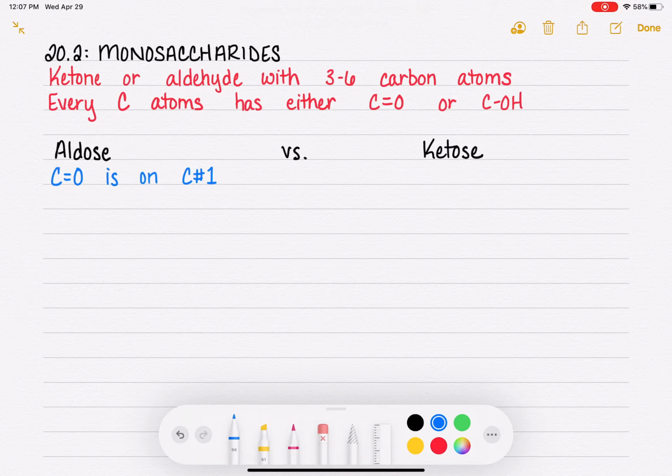And so it is an aldehyde. And we'll draw a picture of that. In the ketose molecule, the carbon-oxygen double bond is on carbon number 2. And so it is going to be a ketone.